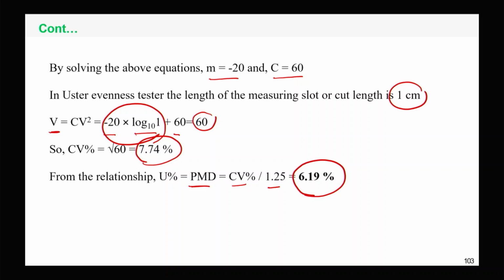So in this numerical we solve the equations, and then whatever CV percent we are getting, we use the relationship between percent mean deviation and CV. This percent mean deviation, the value 6.19, will be approximately the U percent which we will get in the instrument.